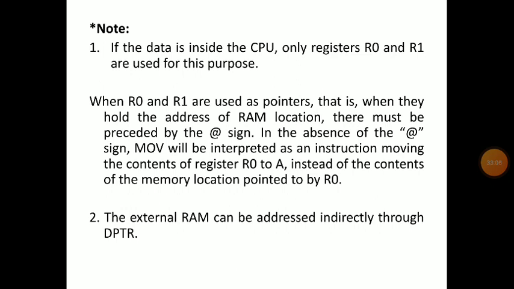So in this indirect addressing mode, we should represent that with the help of a symbol. If we don't use it, then it will be assumed to be some other addressing mode we have already discussed: immediate, direct, or register addressing.